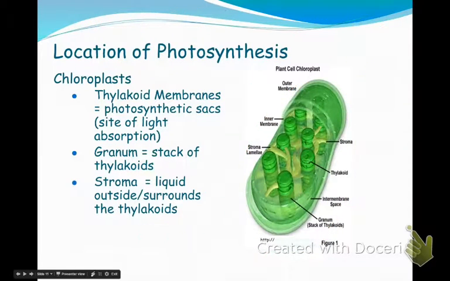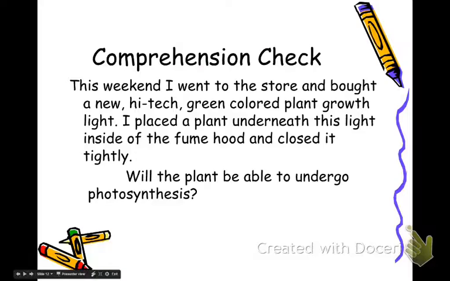Okay, moving on here. So if I went to the store and bought a green colored light, and I placed my plant underneath that green light, and I closed it tightly, blocking off all other light, will the plant be able to do photosynthesis? I want you to think about that.